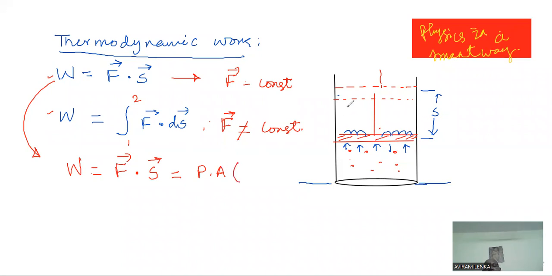We know if we are dealing with a sample of gas molecules, they exert pressure on the piston, and we have put some weight on the piston to counterbalance it.